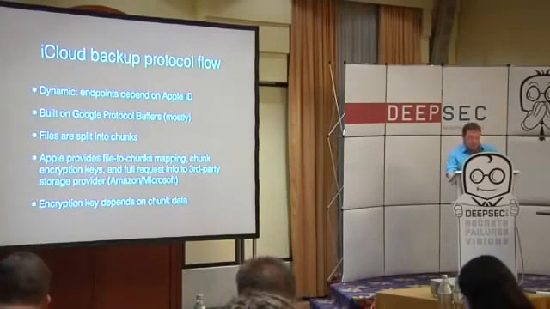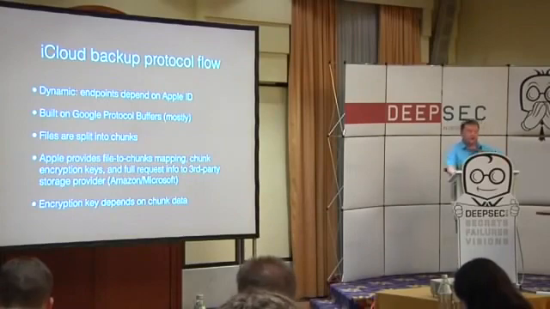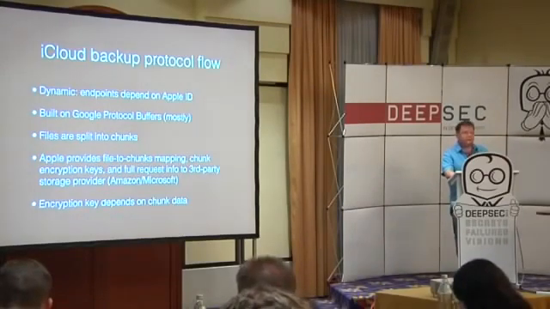Basically, what we have found is that the locations are dynamic. You never know in advance where the data is stored, and endpoints depend on the Apple ID. The protocol is based on Google protocol buffers, and all the files which go to the iCloud backup are split into chunks.